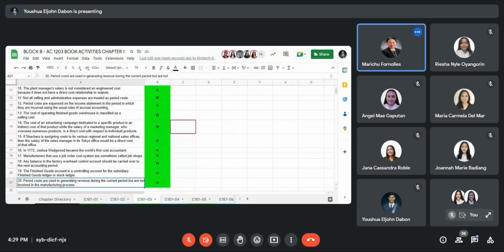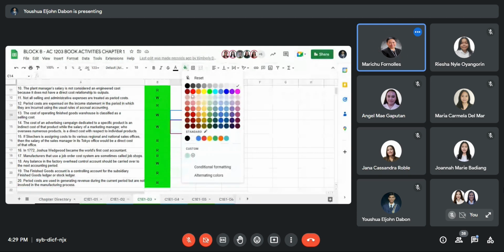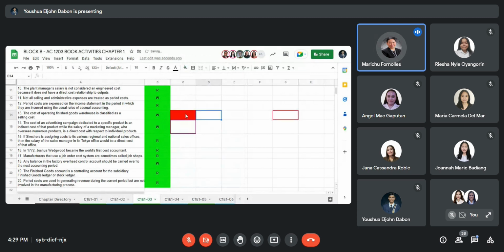Okay. Number 13 is not a false statement. The cost of operating finished goods warehouse is classified as a selling cost. Cost to sell man, part of the cost to sell. That is true.